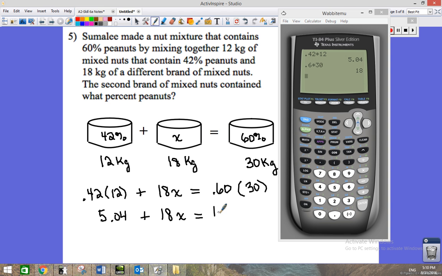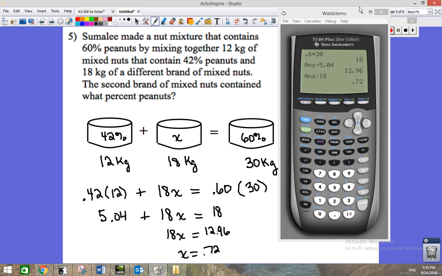I'm getting 18. From this 18, we're going to subtract the 5.04. Now we're going to divide by 18. And I'm getting that X is 0.72. I forgot to write down my 12.96.